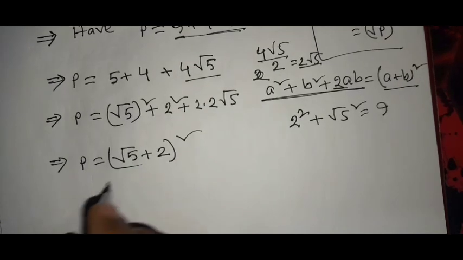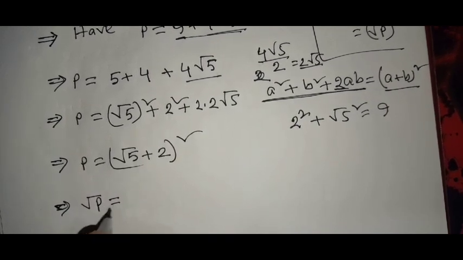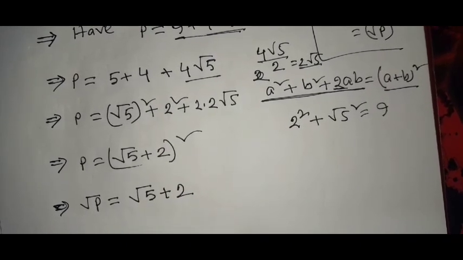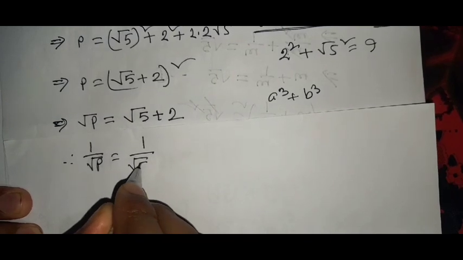If we take the square root of both sides, then we can write root p is equal to root 5 plus 2. So now we can write p root p plus 1 by p root p. Now we find out 1 by root p. So 1 by root p is equal to 1 by root 5 plus 2.